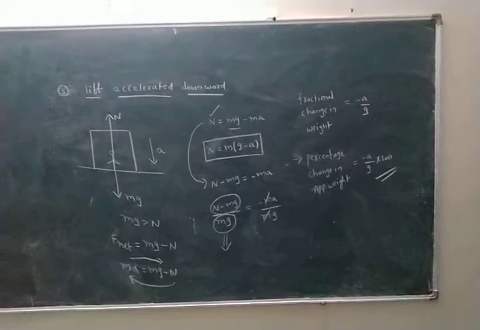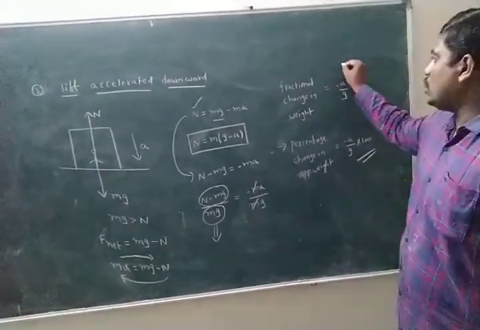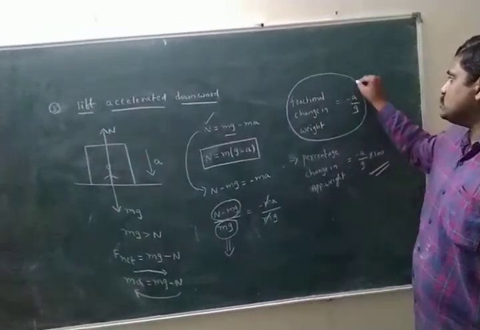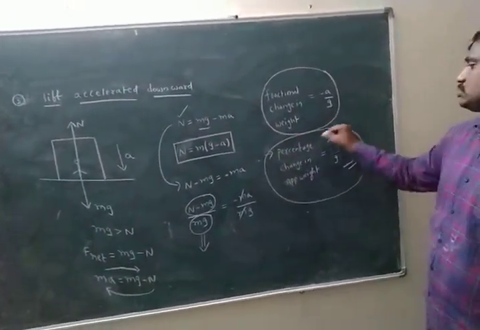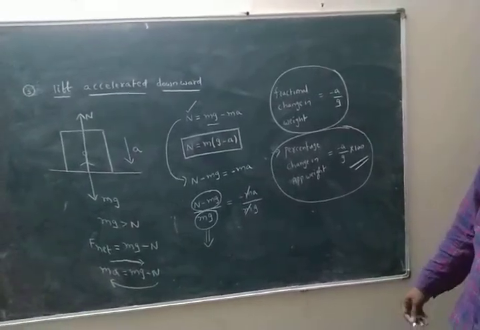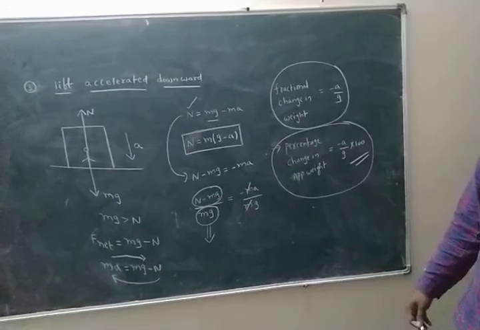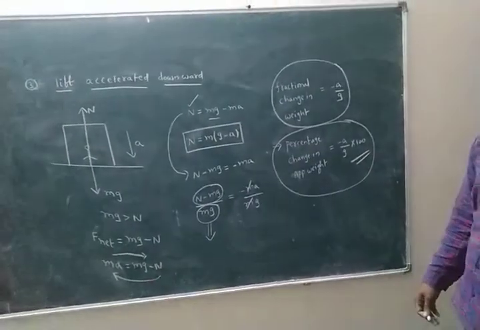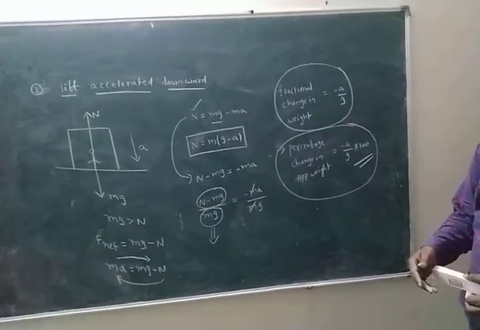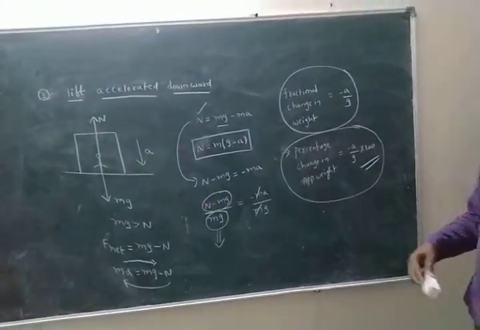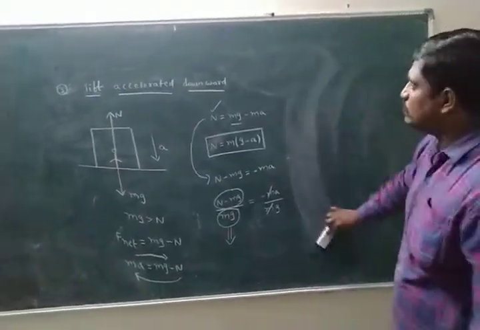Minus a by g into 100, okay, this is called percentage change in apparent weight. The fractional change in weight formula is minus a by g. Percentage change in apparent weight when the lift is moving downward with acceleration a is minus a by g into 100.